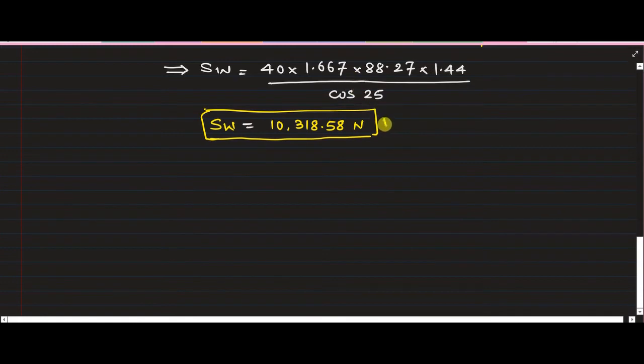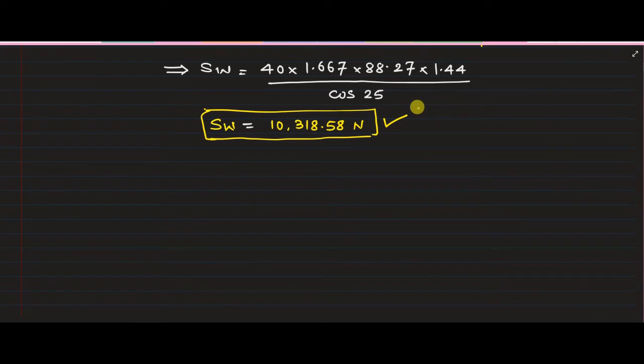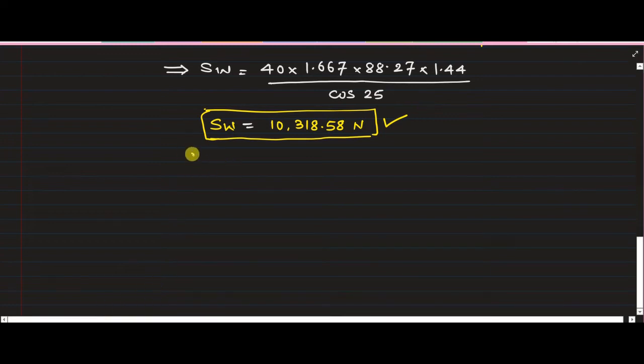In this case, wear strength is definitely lesser than the beam strength of this arrangement, and that is why wear strength will be the failure criterion. As a technical conclusion, we can write SW is less than SB.